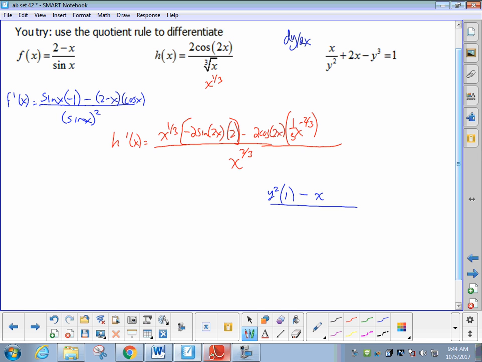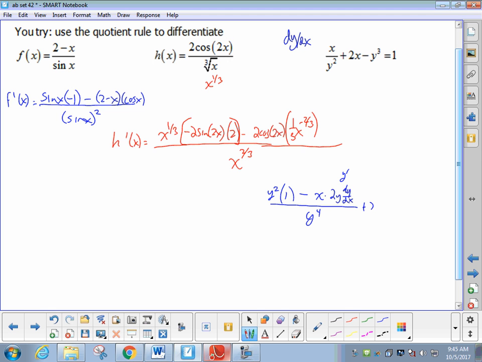D low, what's the derivative of y squared with respect to x? 2y dy dx. You may, if you feel that this is getting bulky, use y prime notation. That's okay too. Over the square of what's below would become y to the 4th.